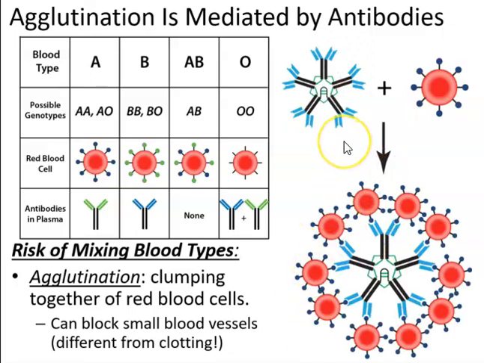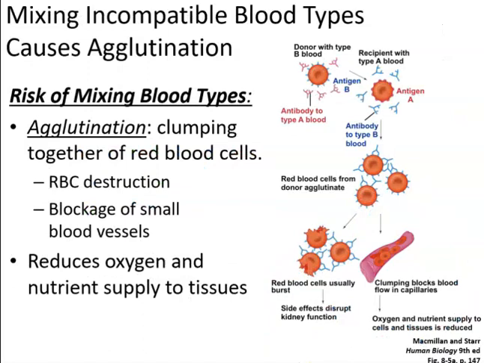So here we see the antibodies agglutinating with the red blood cell with the antigen on its surface and causing these large molecules. Again, agglutination of the red blood cells with the antibodies of the recipient can block small blood vessels, and usually these cells become damaged or lyse, and again have some major serious effects on the kidneys.